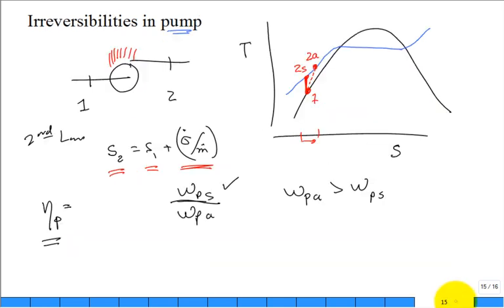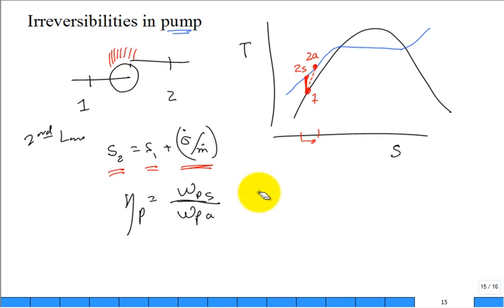Okay. So now you can say, well, what is the equation to get the work of the pump isentropic? The preferred equation is V dP. And in this case, it would be V1, saturated liquid coming in, and that would be P2 minus P1. That'll be a positive quantity. If you want to make it consistent with the book, then it would be P outlet 1 minus 2 with the negative sign.